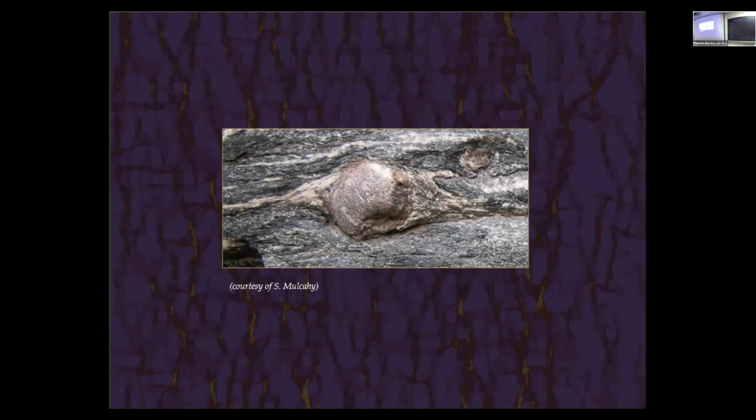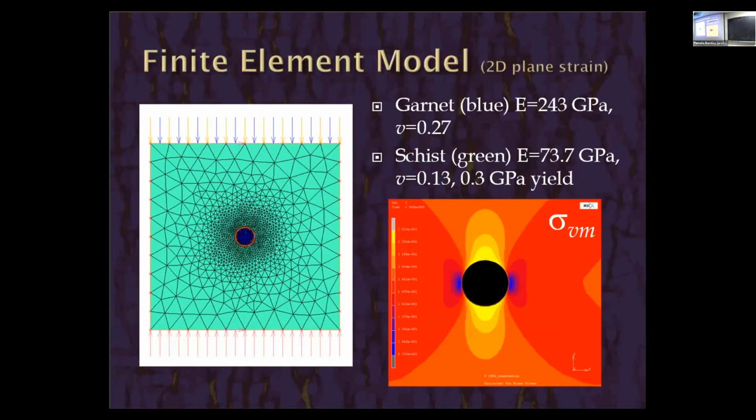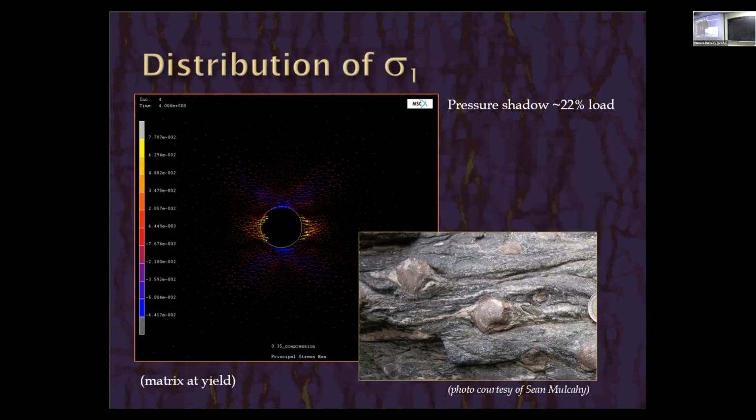And just to back that up, I made myself a finite element model of garnet really quick. There's a garnet in the center, and you can see the garnet makes this classic disruption in the stress inside of the homogeneous schist, which is not homogeneous anyway. If we look at the pressure shadow and plot the tensile component of the stress tensor, we can see the little beard right here.